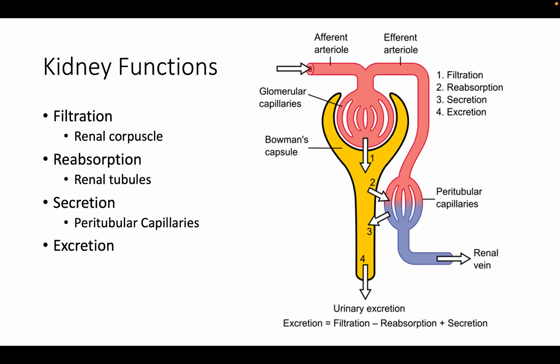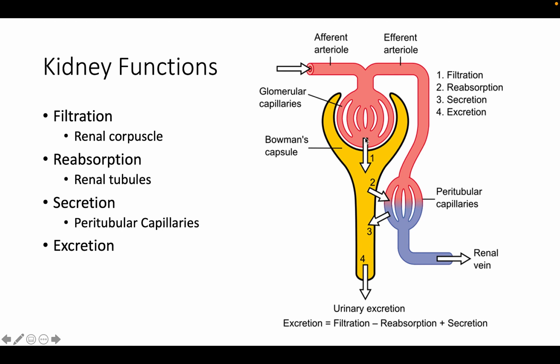And so some various functions of the kidneys themselves. They're involved in 3 major events that we'll talk about in depth. Filtration, and this occurs in the renal corpuscle that is constituted of the glomerulus and the Bowman's capsule or the glomerular capsule. And then reabsorption, and this is going to occur in between the renal tubules and the peritubular capillary. So that's what we see in 2 here.